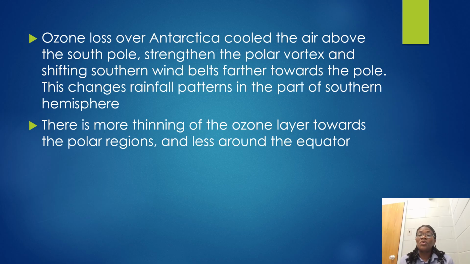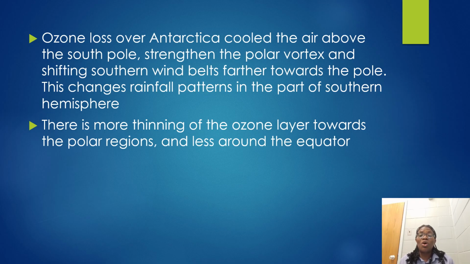So you have cold air. Cold air will begin to blow above the South Pole, and you have the air shifting towards the pole, and it moves further towards the pole. And when this happens, it changes the rainfall pattern in parts of the southern hemisphere.